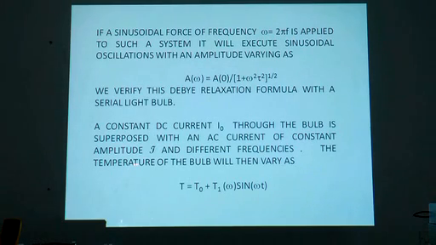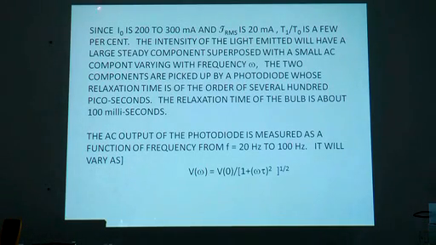So the temperature of the bulb will then vary as T0, a steady temperature due to I0, plus a temperature T1 which fluctuates at the frequency omega due to the AC current of amplitude I. I take I0 to be 200 to 300 milliamperes and the RMS value of the AC current to be 20 milliamperes.